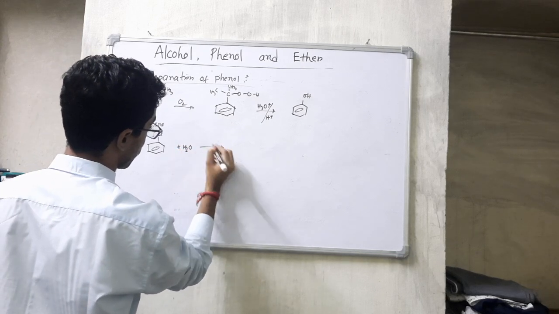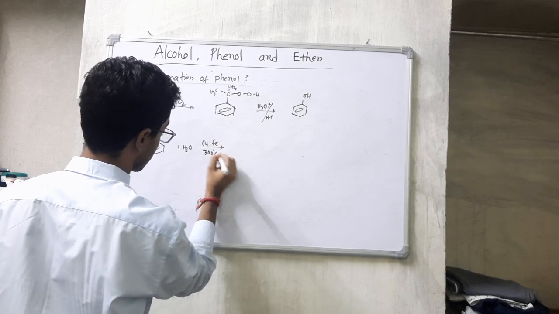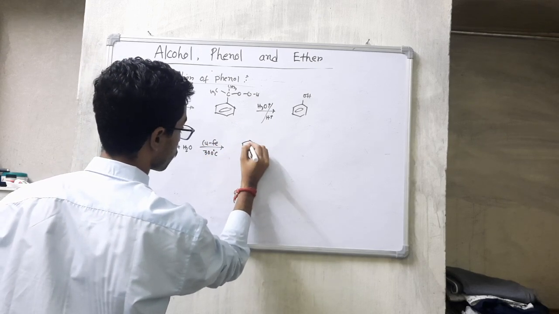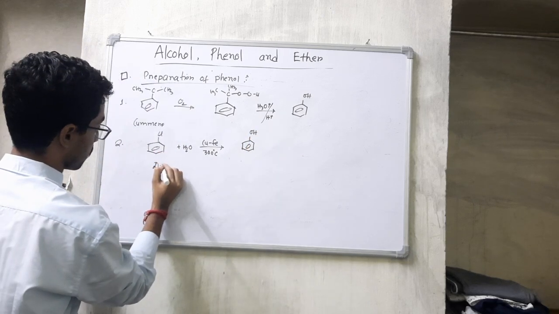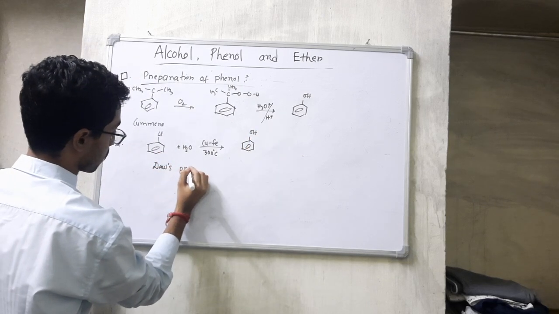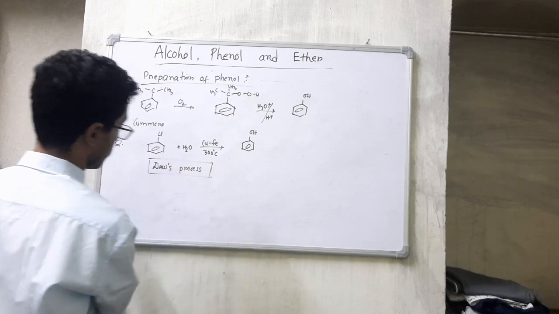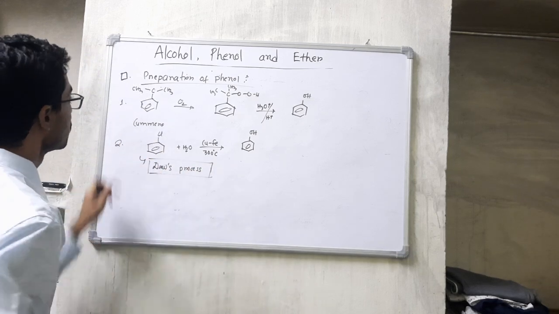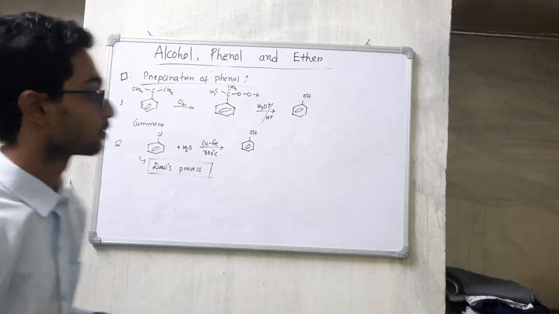If we treat it with water and copper at 300 degrees C, then phenol is also formed. This is called the Dow process. So these are the ways to prepare phenol.